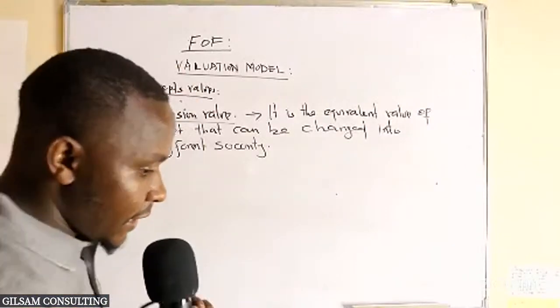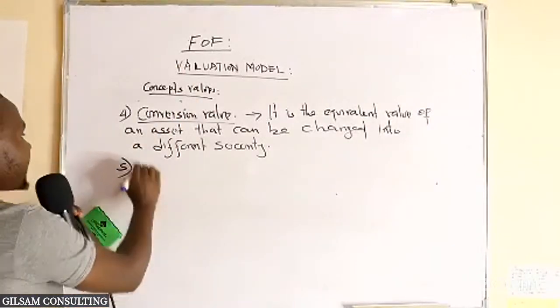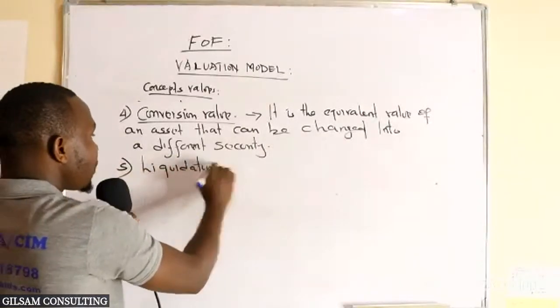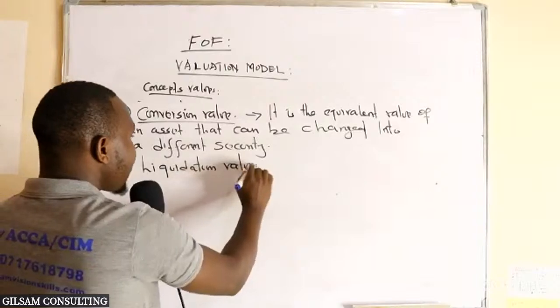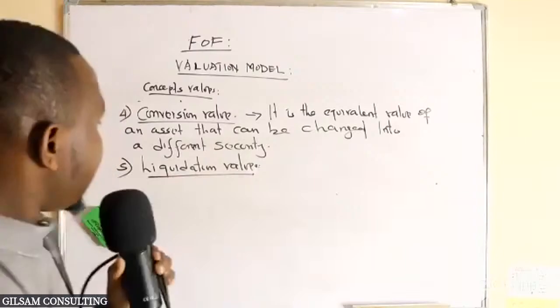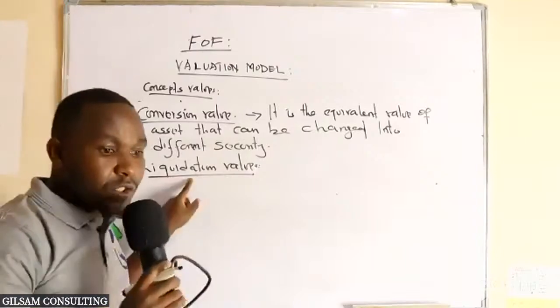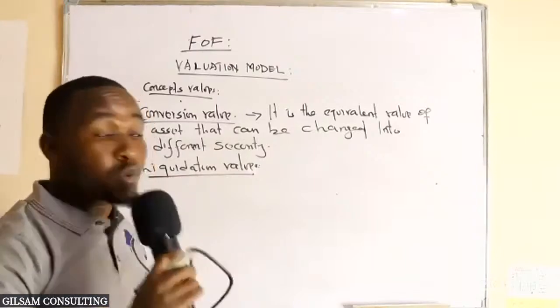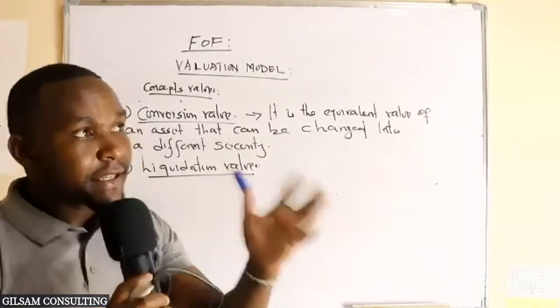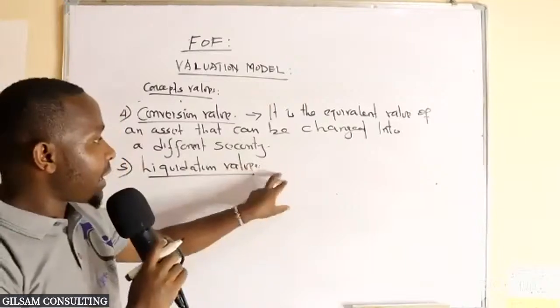And then second to last, number 5, we have what is called liquidation value. To liquidate is to wind up the company or to close the company. So at the time of closing the company, there is a value attached to that company.